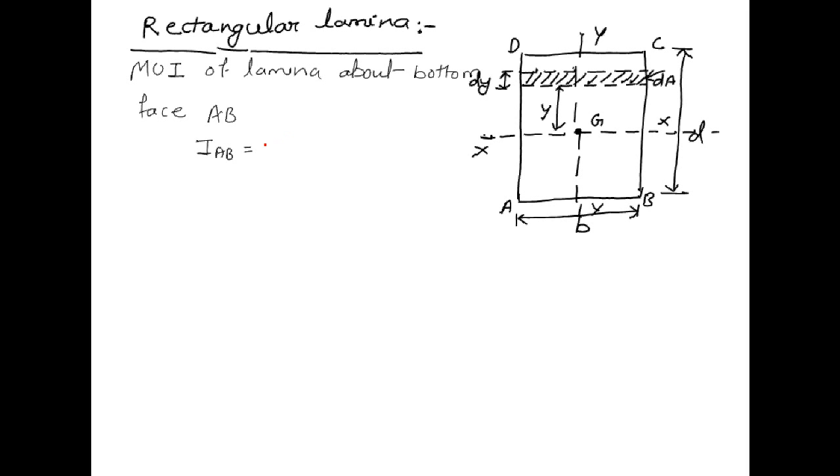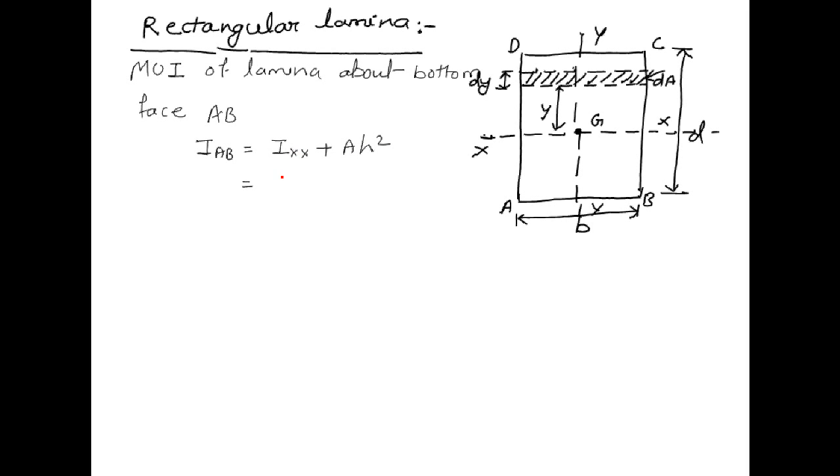So it is IAB, that is, we can find out the moment of inertia by the parallel axis theorem. So the parallel axis theorem will be IAB equal to IXX plus AH square. This is the parallel axis theorem, and we already have the value of Ixx.